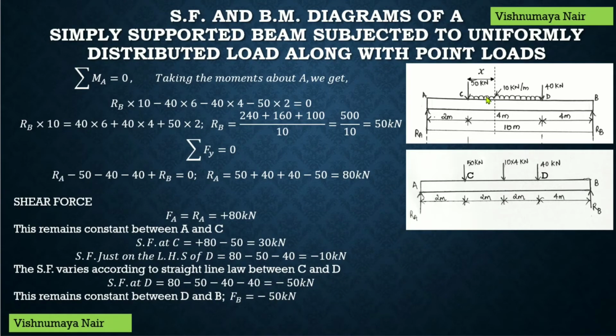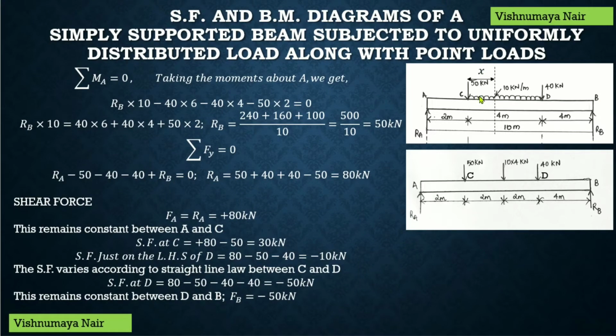In order to find out the variation of shear force between the points C and D, we have to consider a section between these two points. Let this section be at a distance of x meters from the point C. Now we have to convert this much portion of UDL into a point load whose value will be equal to rate of loading into the distance of the UDL. So the rate of loading is 10 kilonewton per meter and the length is x meters.